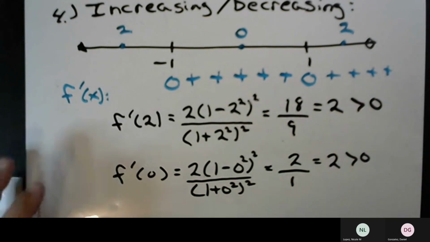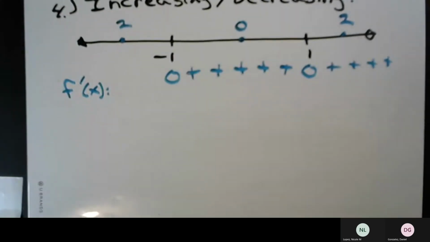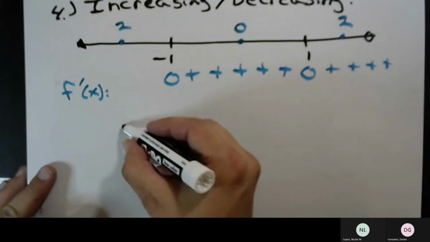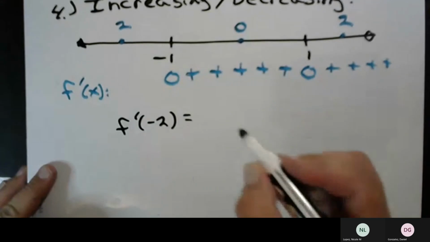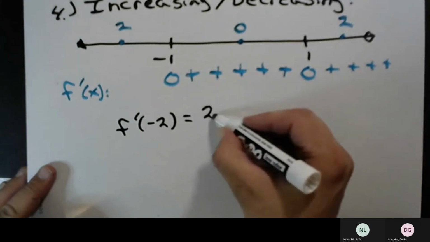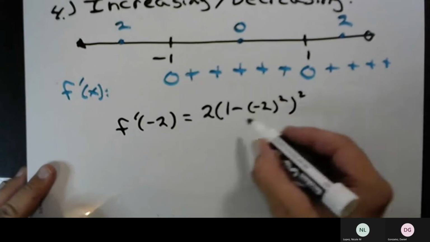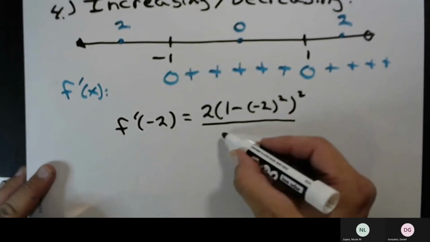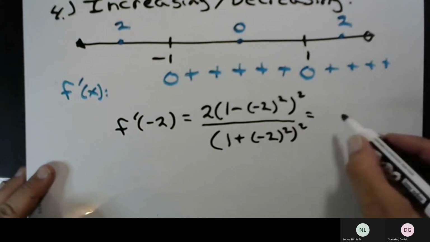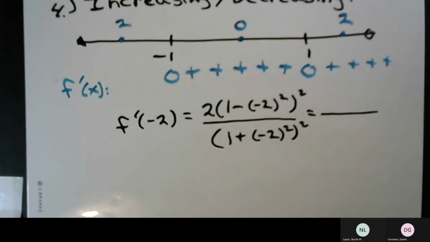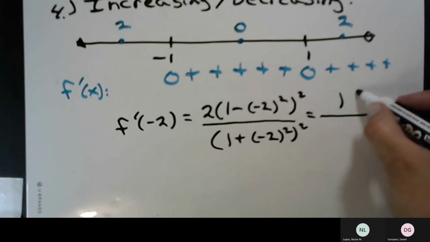And then finally, try -2. So let's see, we'll get -3 squared, it's going to be 9, times 2 is 18.